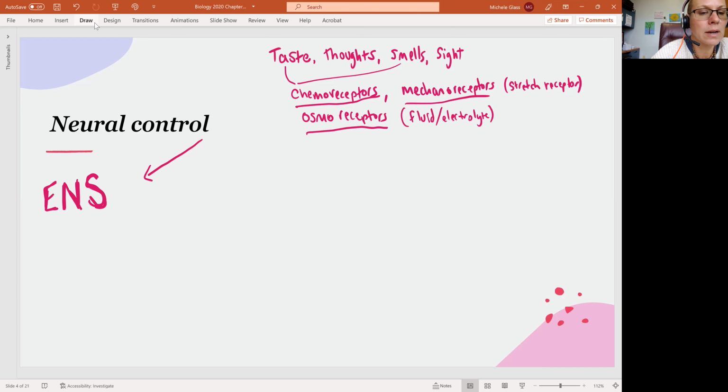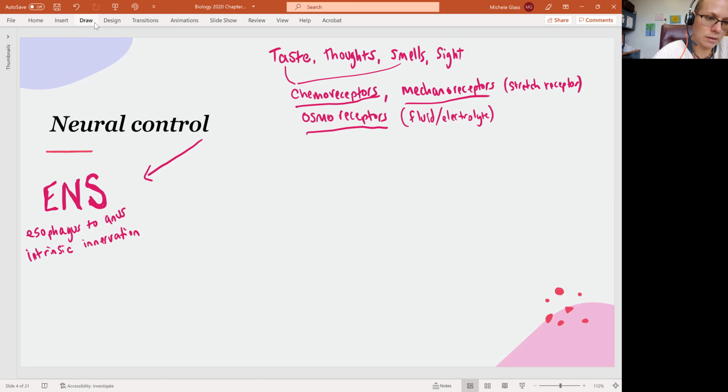So this is the time to really talk about it. ENS stands for enteric nervous system, and we'll see this extending from the esophagus to the anus. We're going to talk about this as intrinsic innervation.